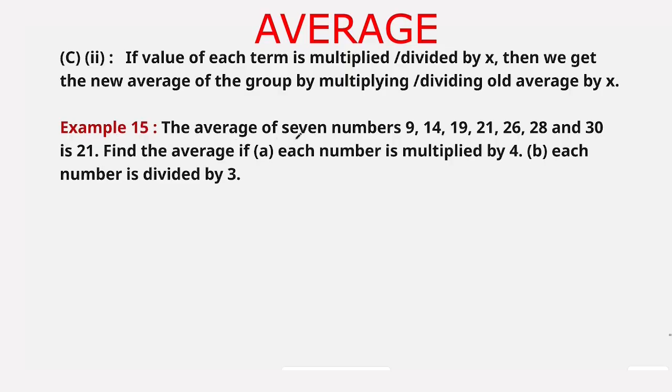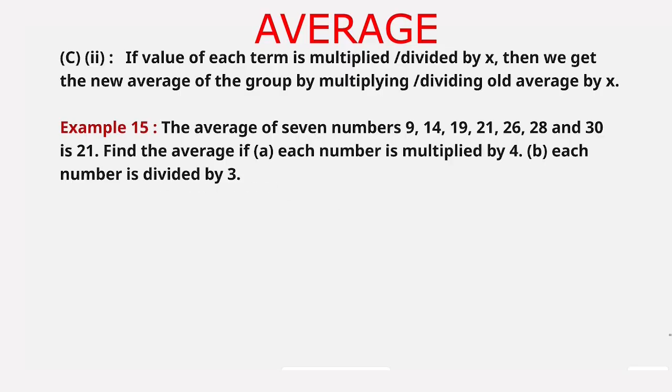The average of 7 numbers 9, 14, 19, 21, 26, 28 and 30 is 21. Find the average if part A, each number is multiplied by 4. Part B, each number is divided by 3.